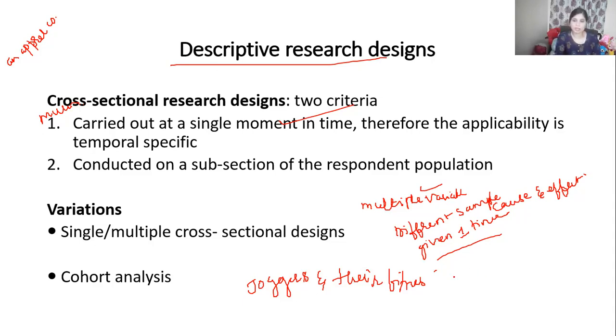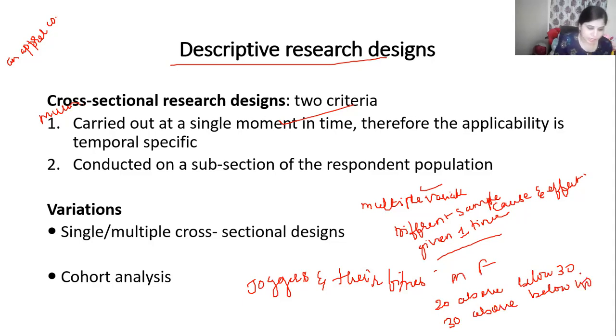So you will study male, female, and age group like 20 and above, but below 30. Again, if you want to change the sample, for the next month you will take 30 and above, but below 40. So you're changing the sample now, right? In this method, that's why we call it cross-sectional, because of multiple variables.